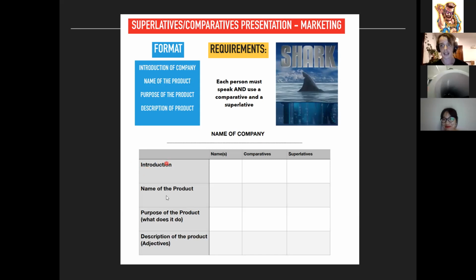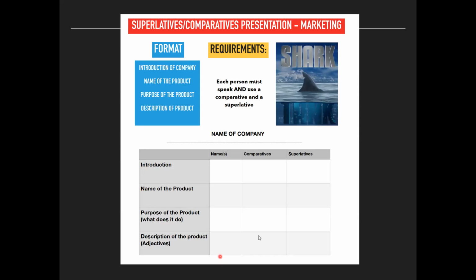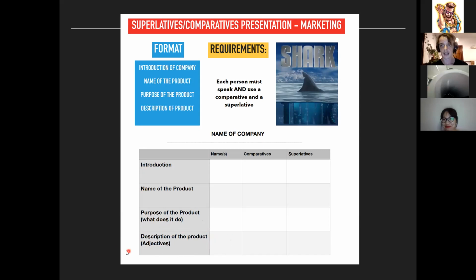What your product is called. What your product does, and I want you to describe your product a little. And importantly, each person must speak and use one comparative and one superlative, each person.